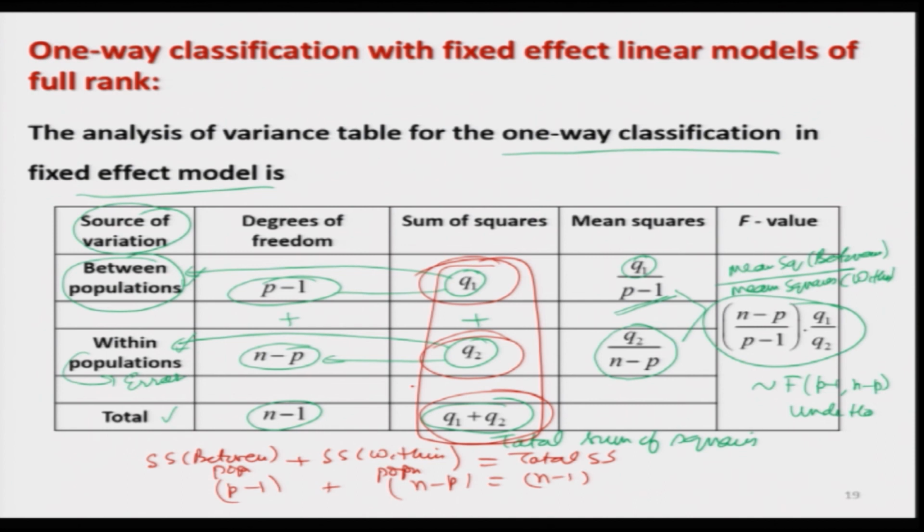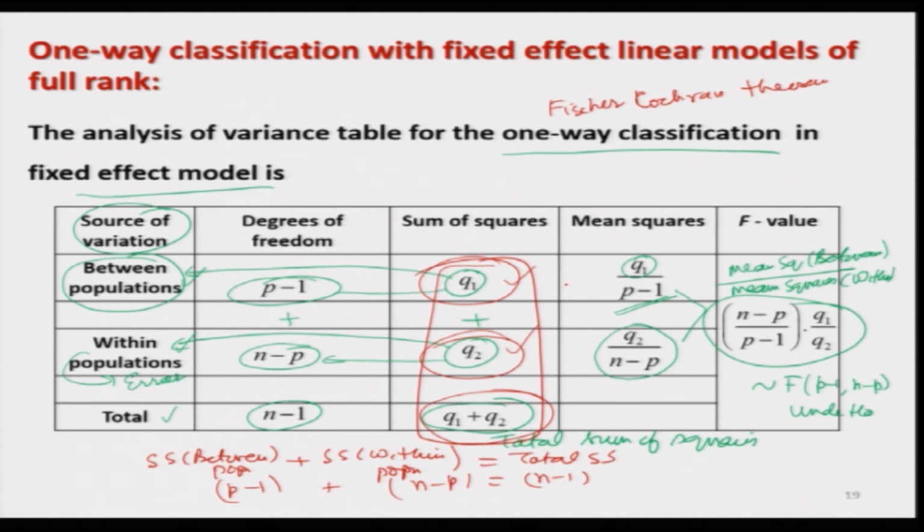We had already done the Fisher-Cochran theorem. The Fisher-Cochran theorem says that the total variation is divided into orthogonal components, and their sums of squares and degrees of freedom related to chi-square random variables will be additive. Now, in this test of hypothesis, we are using the Fisher-Cochran theorem. For its validity, we need to know whether Q1 and Q2 are orthogonal.